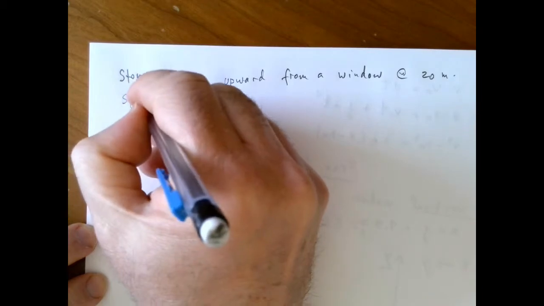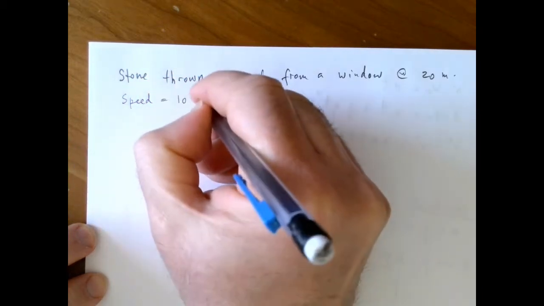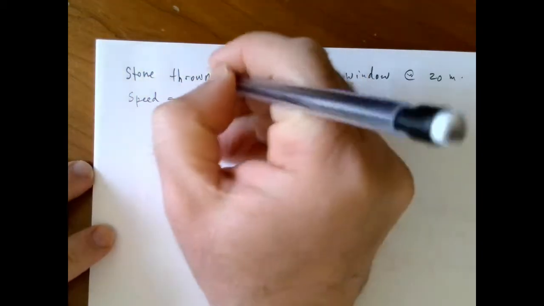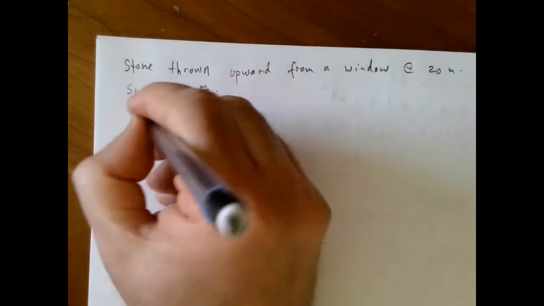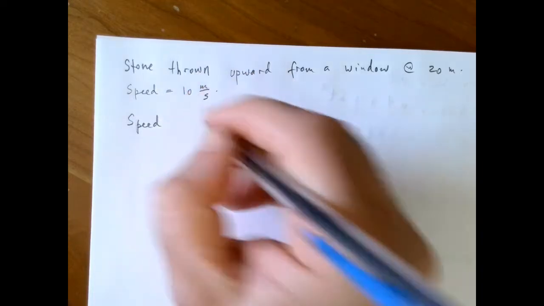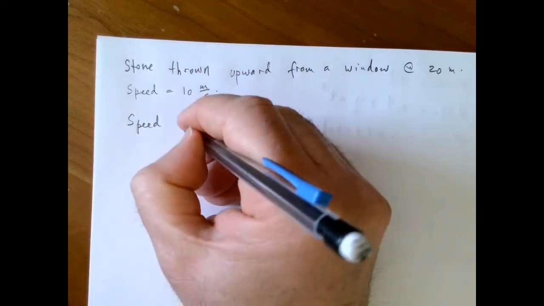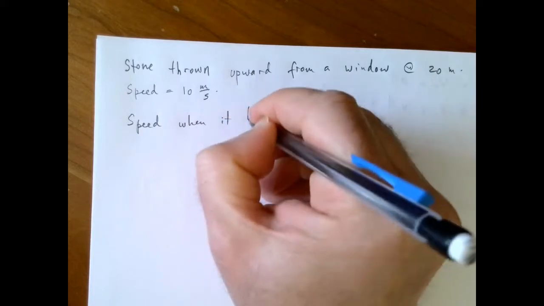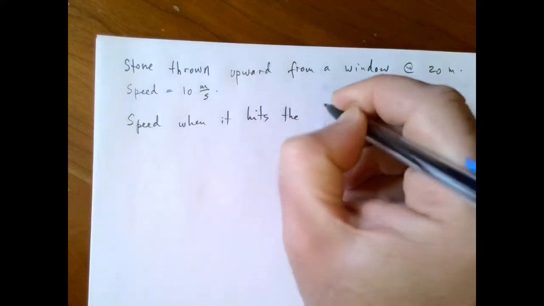The speed of the stone, let's say, is 10 meters per second. What is the speed of the stone when it hits the ground? The speed when it hits the ground.